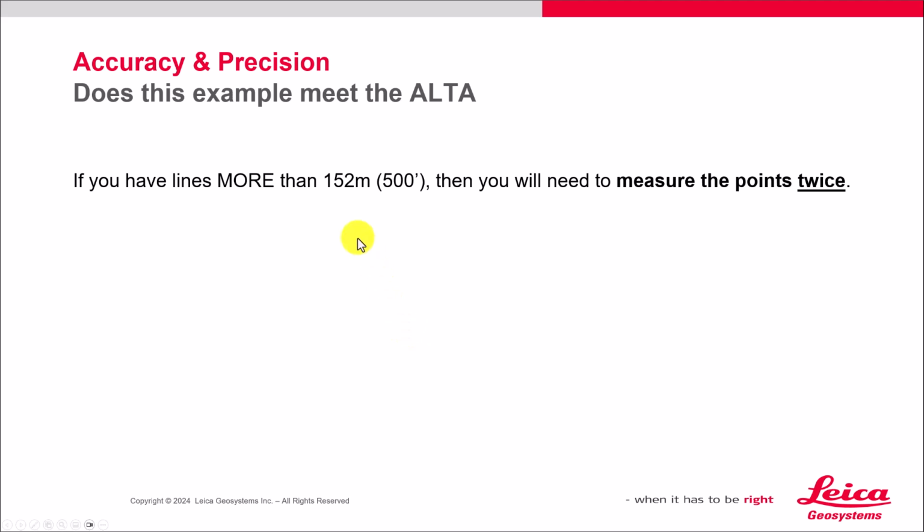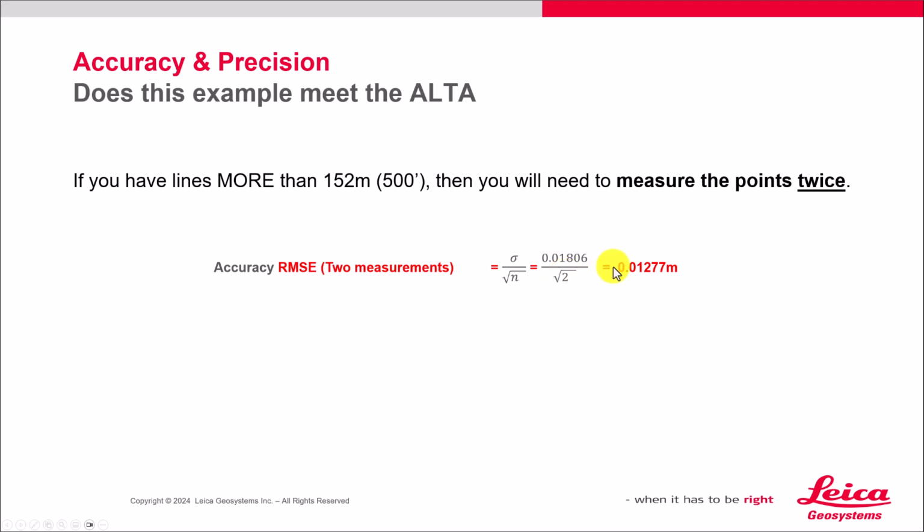Continuing on, if you have lines longer than that 152 meters or 500 feet, then you probably need to measure the points twice, and here's how that works. If we have 2 measurements, the formula for that is that standard deviation, or that error we had horizontally, 0.01806, and now we have measuring a single point twice, right?